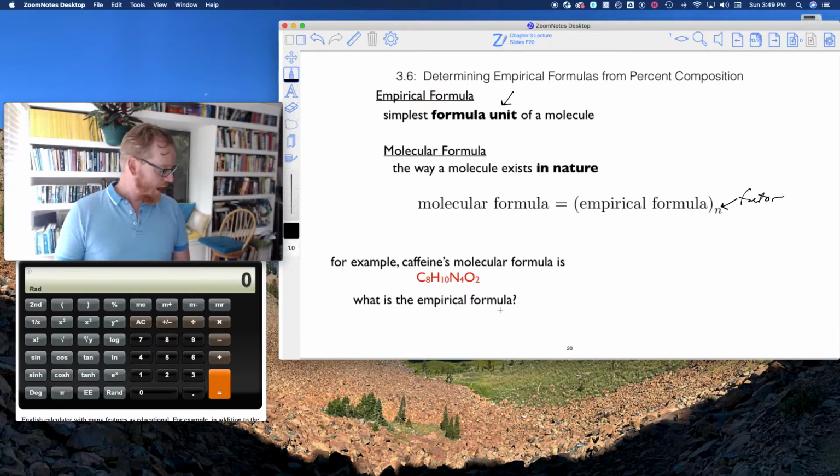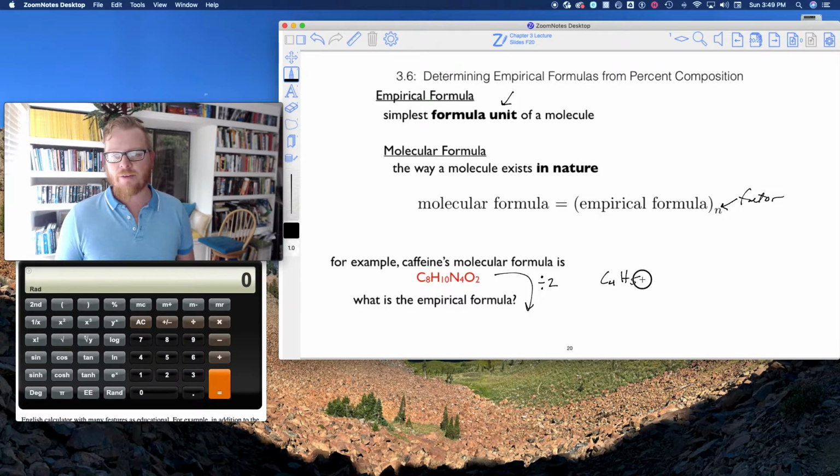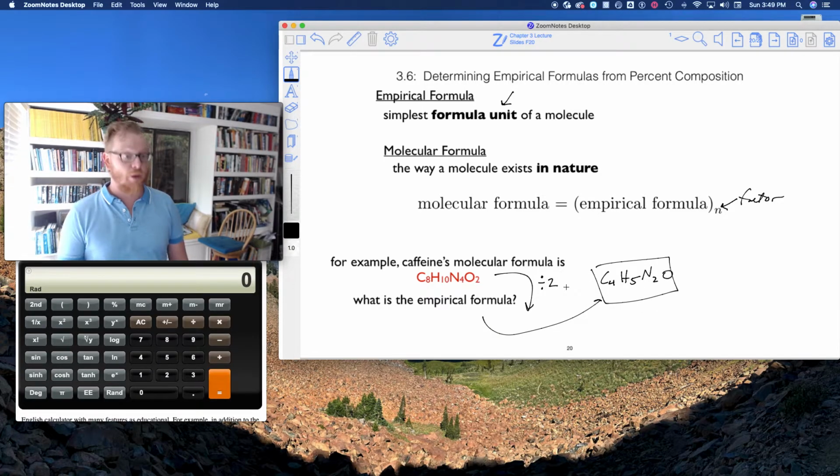So could I make that any simpler? And I can. If I divide everything by 2, right, now it's going to become C4H5N2O, and this would be the empirical formula.